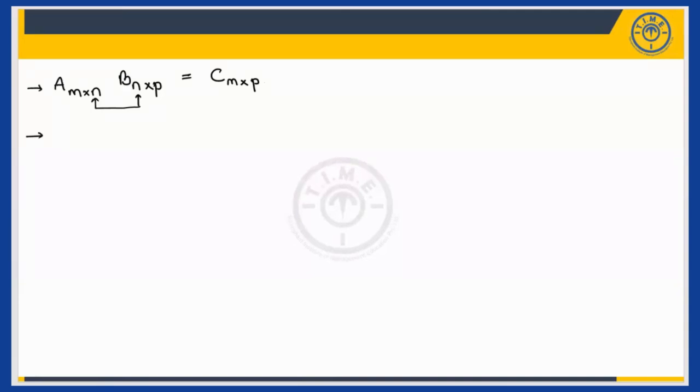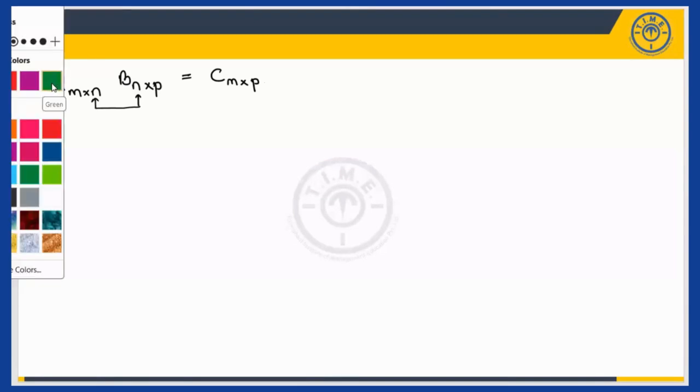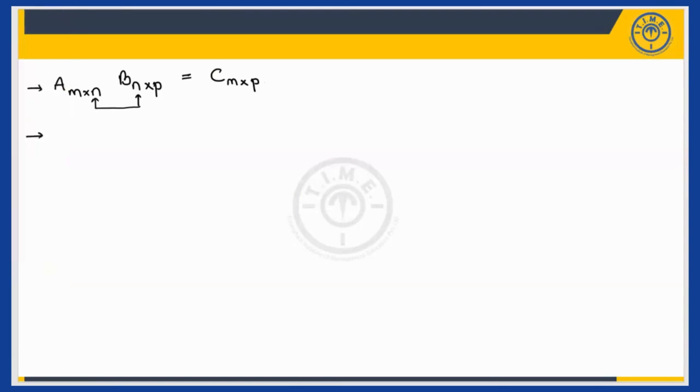And again, one property we can say is that matrix multiplication is not commutative. Now, what do you mean by commutative?